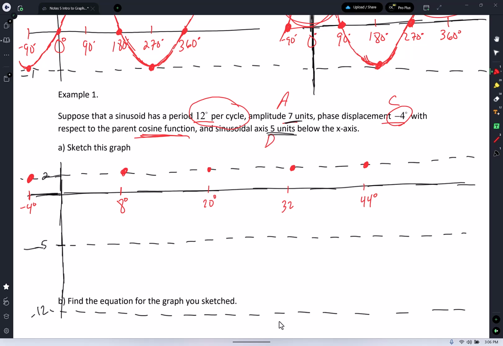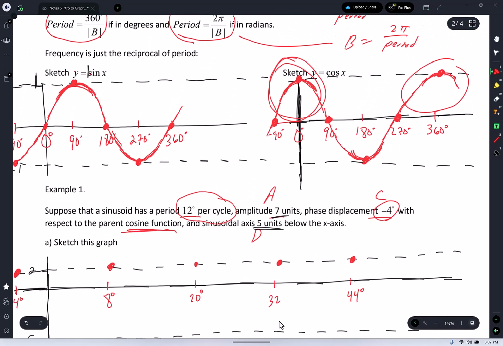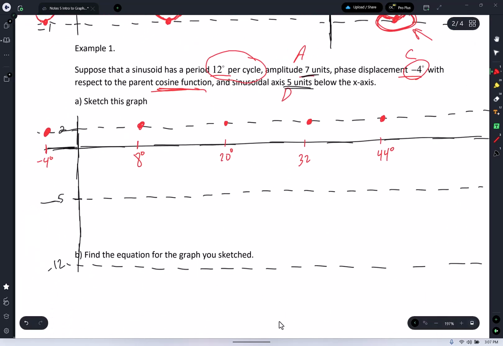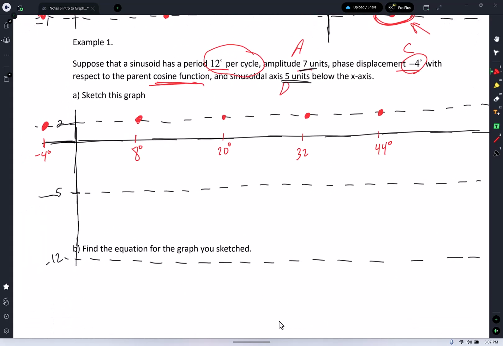Notice in between your peaks, what is this called? A min. So in between those maximums, you have a minimum. Where is my minimum going to be? It's 12 degrees per cycle, so I have to go 6 degrees from -4 to the right. So if I go 6 degrees to the right, I'm at 2.